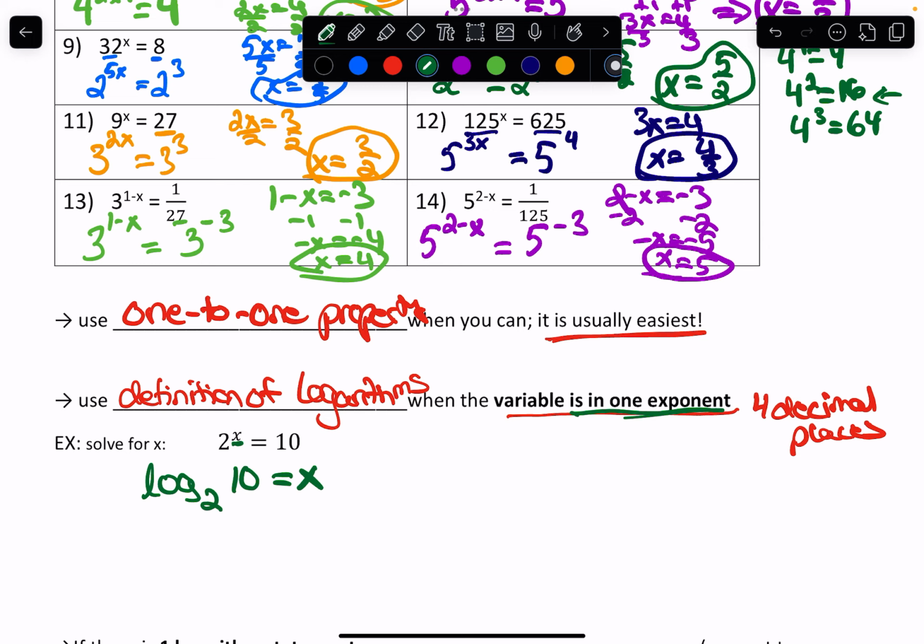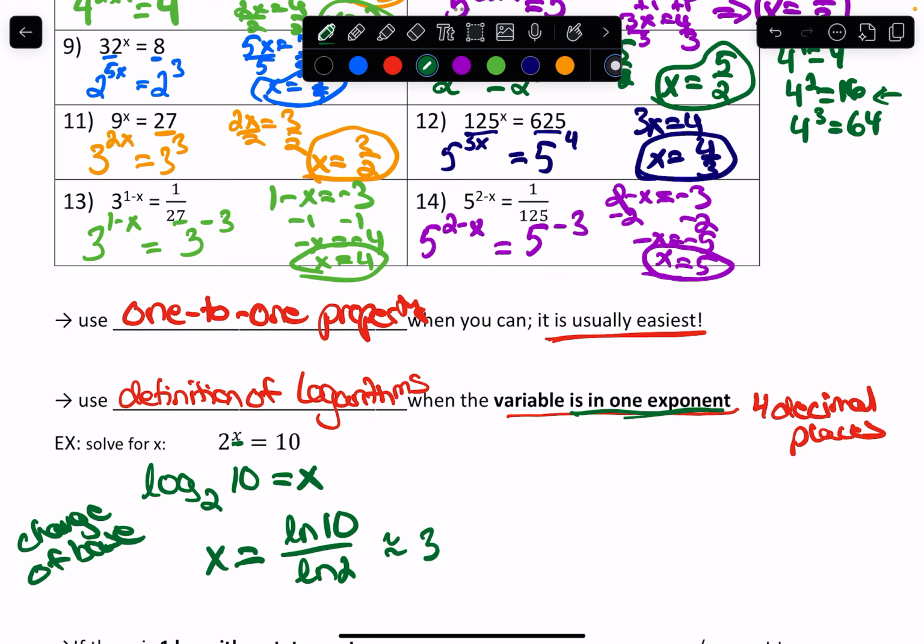Next, we're going to do the change of base. So remember this, we're going to do natural log of 10 over natural log of 2. We actually should have used the common log because it is a 10. But anyways, you're going to have to plug this in the calculator anyways, and you're going to get 3.3219 as the answer.